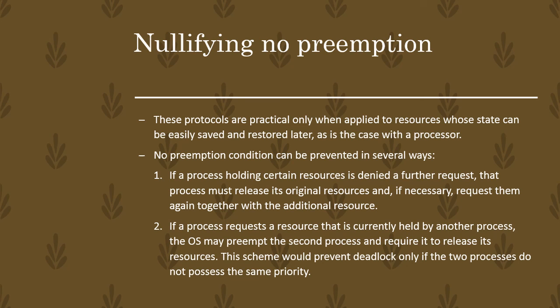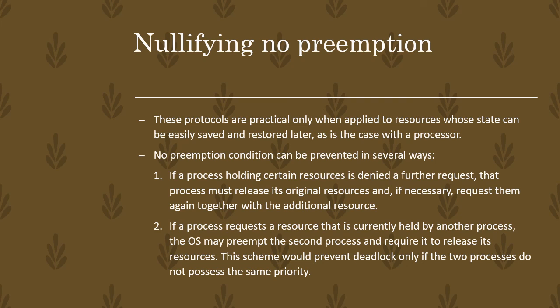2. If a process requests a resource that is currently held by another process, the OS may preempt the second process and require it to release its resources. This scheme would prevent deadlock only if the two processes do not possess the same priority. So you cannot use this scheme when both the processes have the same priority.